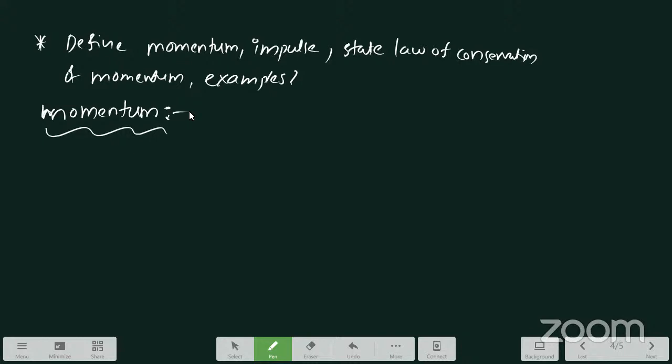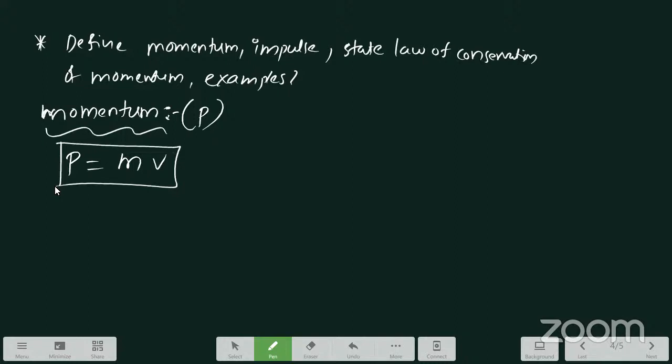First, momentum, student. This definition you have been reading from 10th class onwards. Momentum is denoted with small p. P stands for momentum, m into v, the product of mass into velocity.